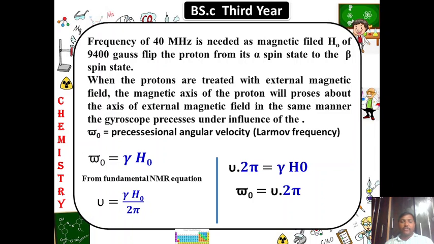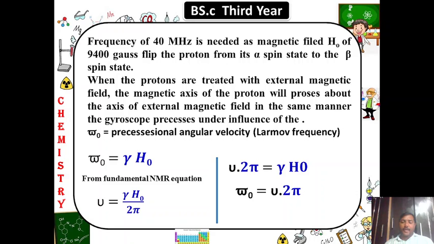From the fundamental NMR equation, nu is equal to gamma H0 upon 2 pi. Then putting omega 0 equal to gamma H0, the equation becomes nu times 2 pi is equal to gamma H0.